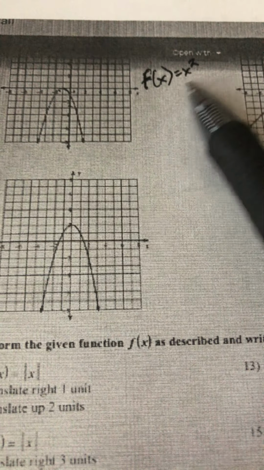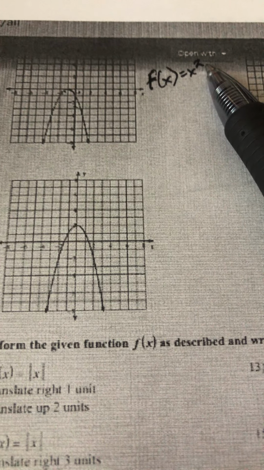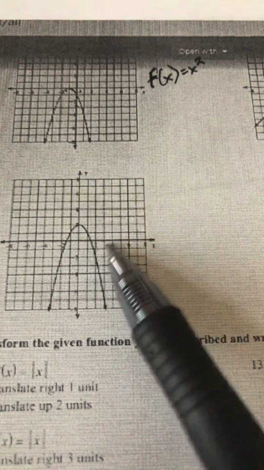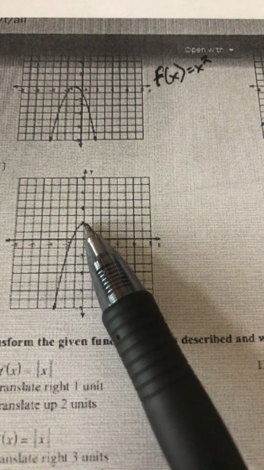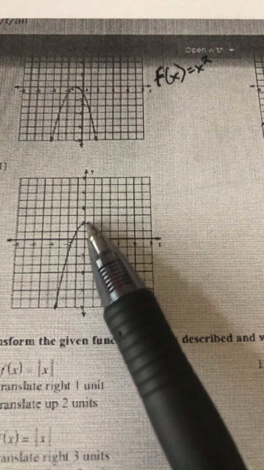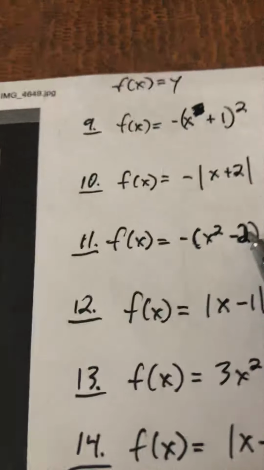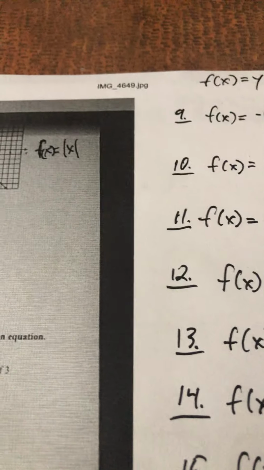This is the parent function once again, x squared. That's the parent quadratic equation function. So this just went up 1, 2. It hasn't changed, it just went up 1, 2.